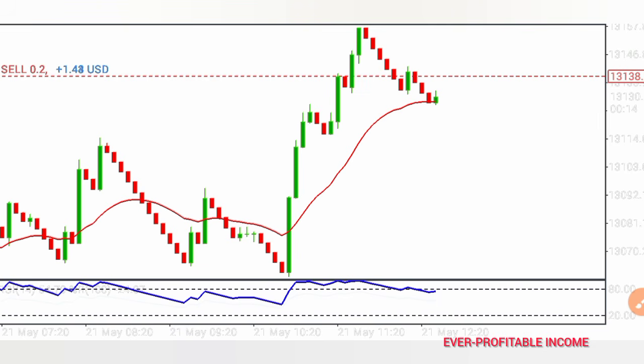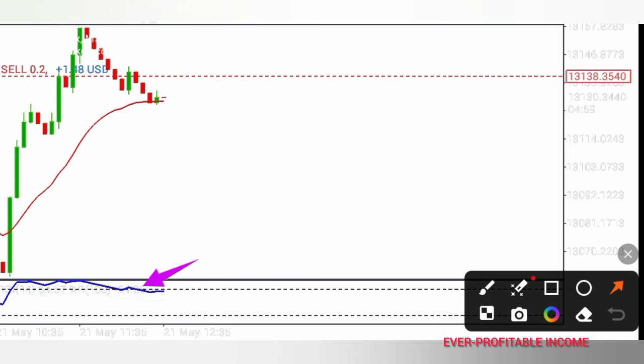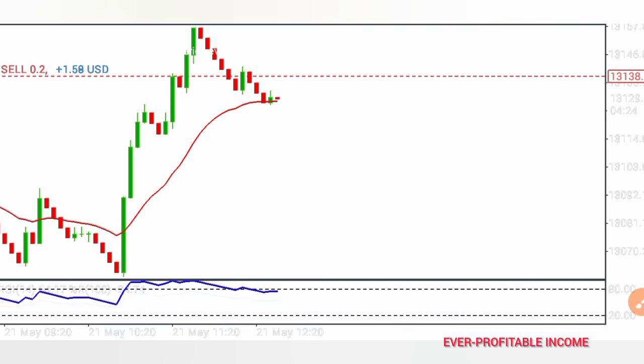You have to wait and observe its next movement. As it starts trending down to level 80 right here, you have to observe. As it trends down to level 80, that is the time you have to hop into the trade. You have to hop into the trade and open a sell trade and make some profit.